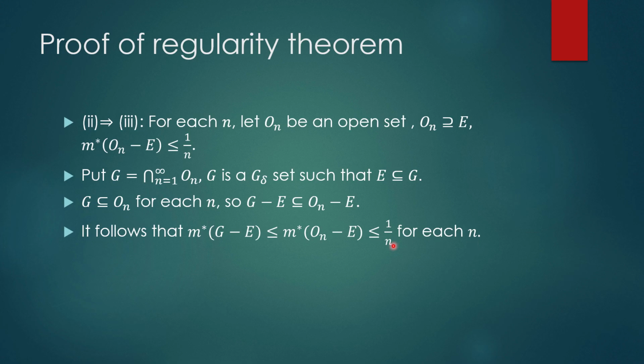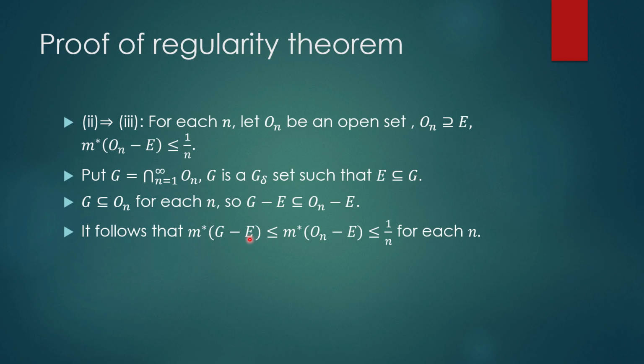Alright, so here we are writing star because we don't know whether E is measurable or not. So On is measurable, but since we don't know the measurability of E, we don't understand the measurability of On difference E. Therefore, we are still writing m star here. Here also we are writing m star because we don't know the measurability of E. We are assuming statement 2.